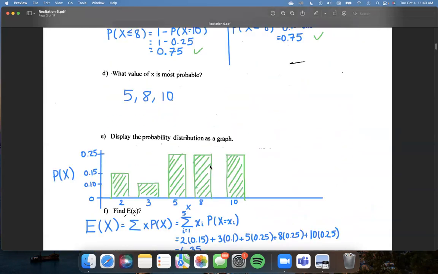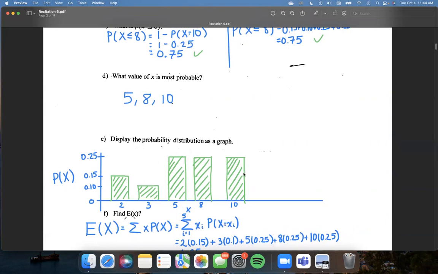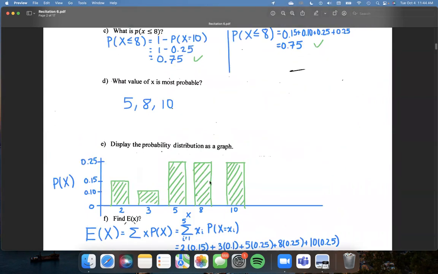So here we have the sum of xi times p of x equals xi, where i goes from 1 to 5, because we have 1, 2, 3, 4, 5 different x's it's going to go through. I'm just going to use the graph so I don't keep scrolling up, but you can look at either the table or the graph that we made.